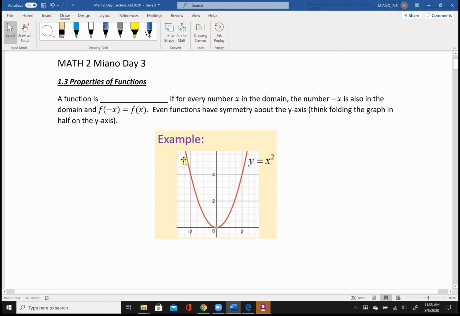A good example of this visually is a standard parabola or squared function. As you can see in the picture, one way that you can tell visually if a function is even is if you could fold it over the y-axis, you would have the trajectories lying directly on top of each other. So in this case, let's call it even.